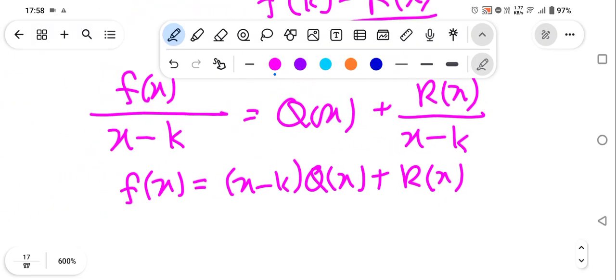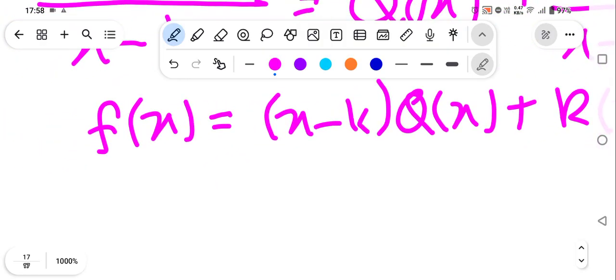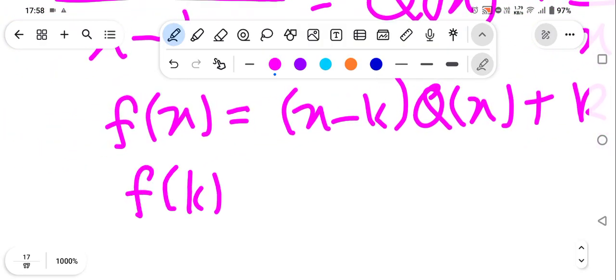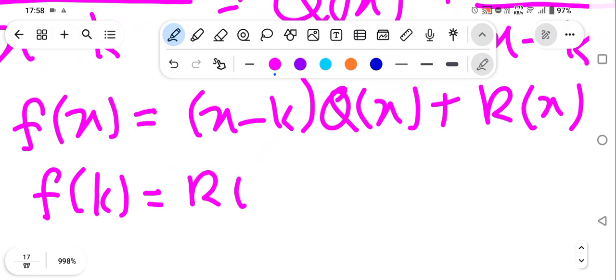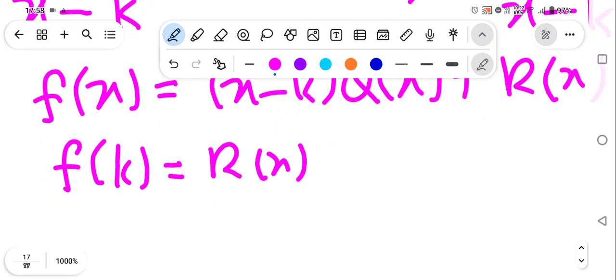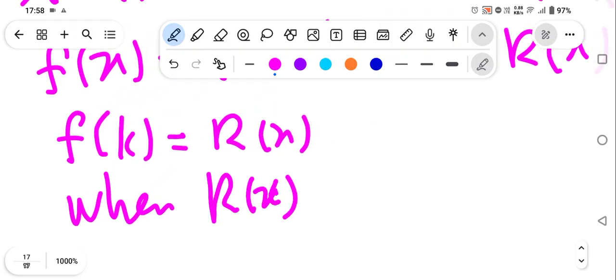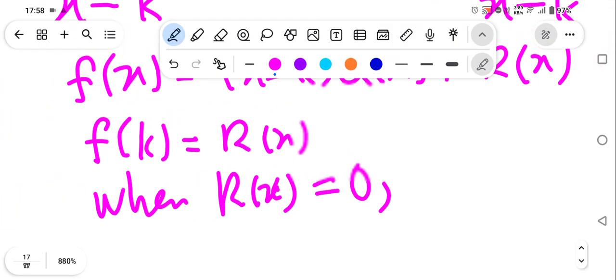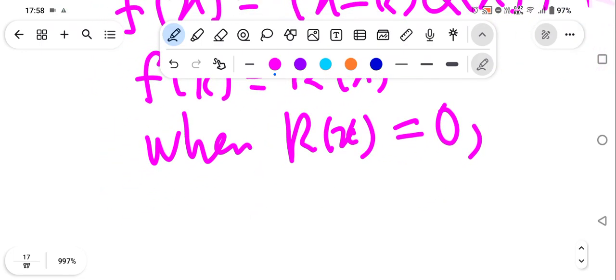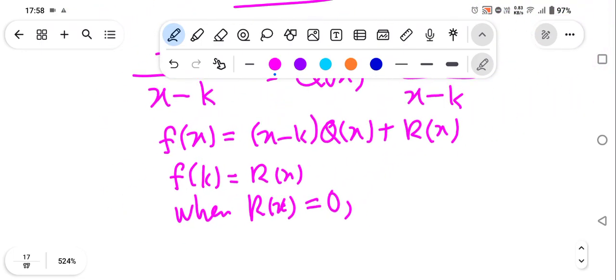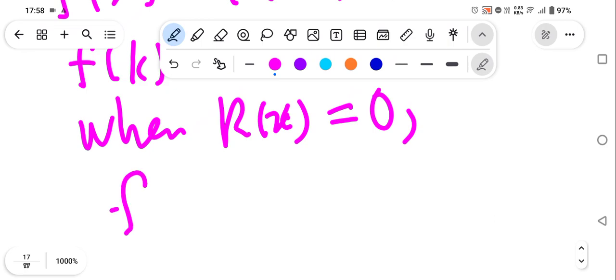Okay, so now since f(k) equals R(x), if R(x) is equal to 0, this means that our remainder is 0. So f(k) is 0.